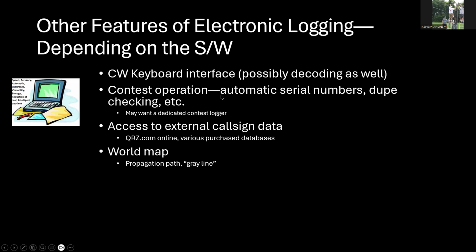They also do very rudimentary, those everyday loggers do rudimentary contest operation, so that if you're not a serious contester, you're just in it to work a handful of stations, or you want to work a new country, that you can at least have the rudiments of a contest logger. That is, it will automatically generate serial numbers.